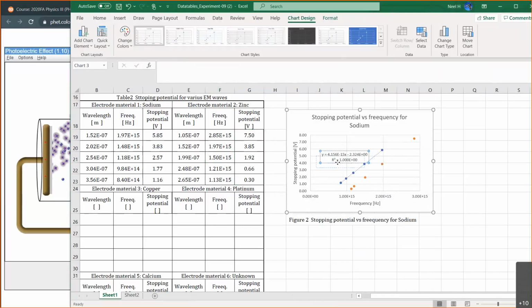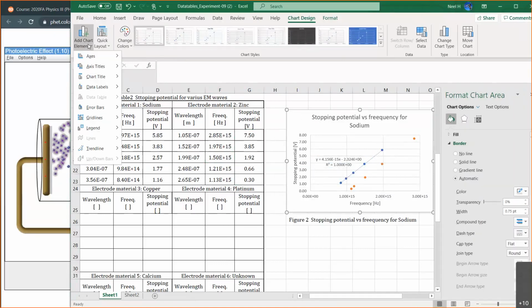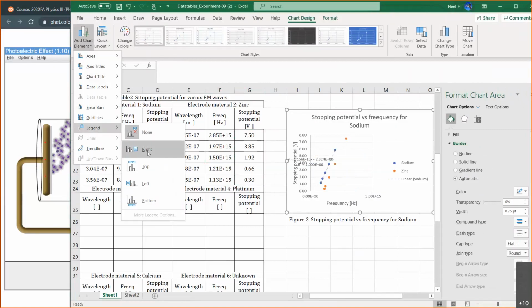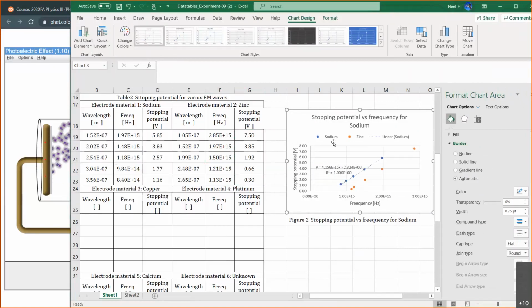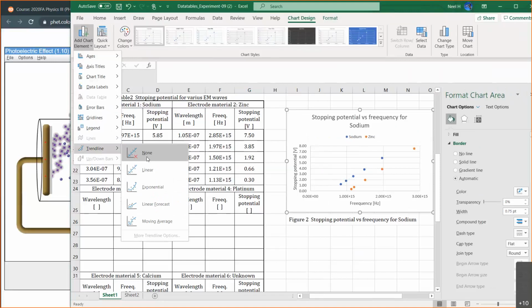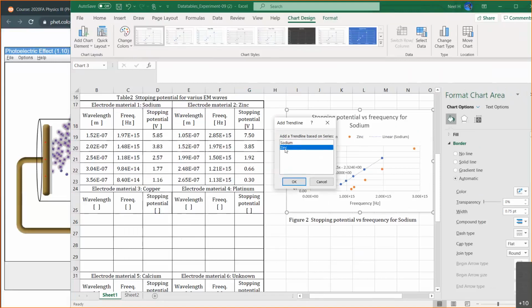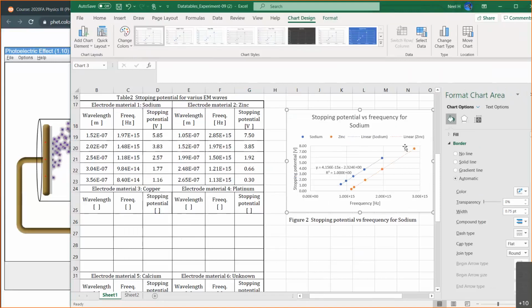Keep this data right here, and also you can double click and go into the chart elements on your left hand side, then you can add the legend. I'm going to put the legend on the top, then you can identify which is which, okay? So that's important. And then I need to have a new linear trend line for the zinc, okay?